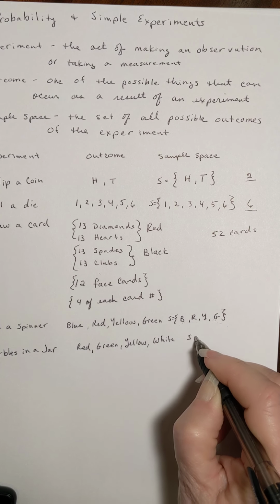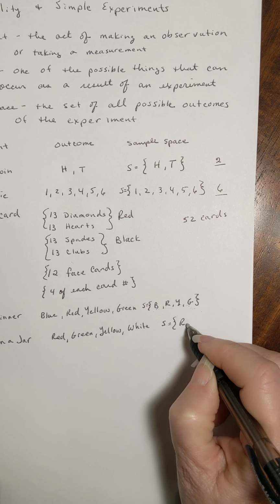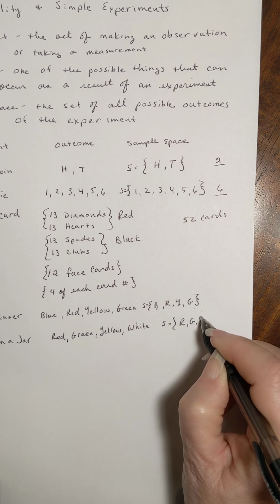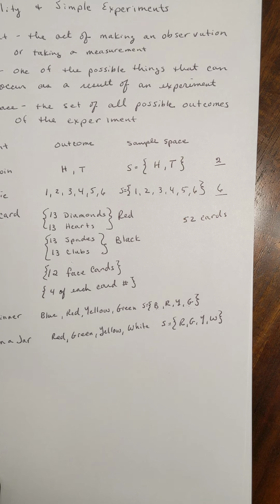So my sample space would be red, green, yellow, and white. And so that's the basics of experiments that we run in probability, and how you determine what the outcomes are and how you determine what the sample space is.